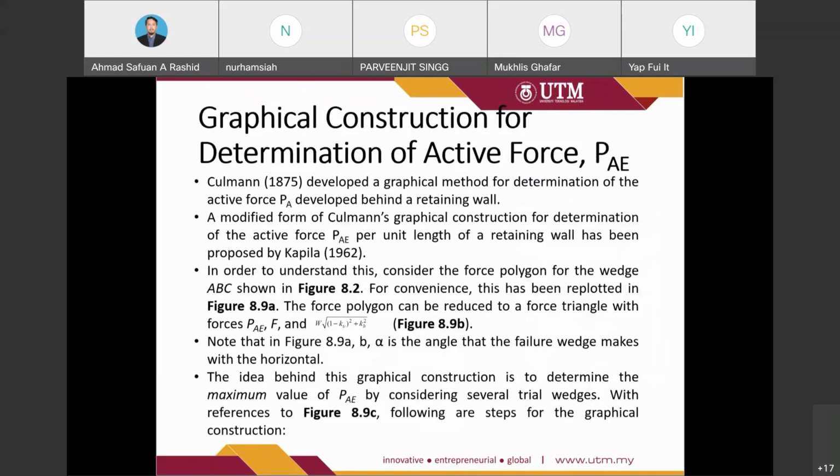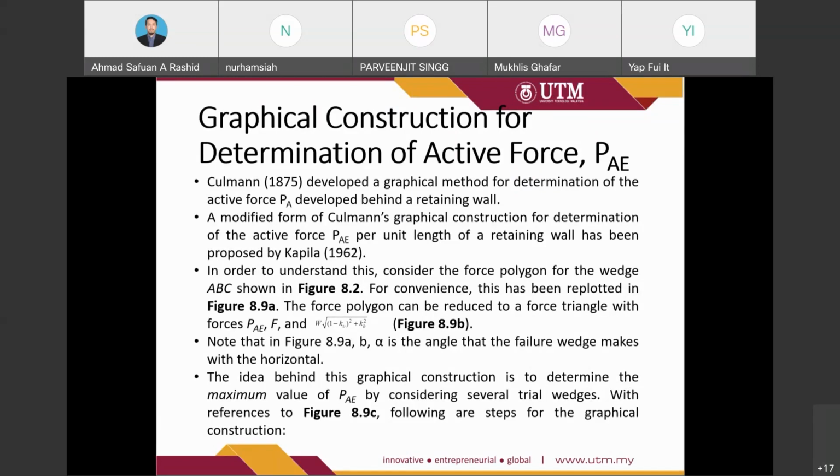Okay. So this is the last subtopic for the lateral earth pressure: using a graphical construction for determination of the active force PAE. Actually, it is based on Coleman.